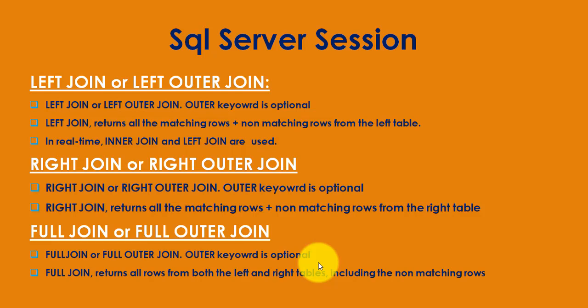Right join or right outer join, where the outer keyword is optional, returns all the matching rows plus non-matching rows from the right table. And full join or full outer join returns all the rows from both tables, that is the left and right tables, including the non-matching rows from both.